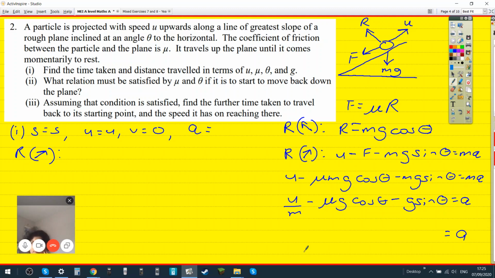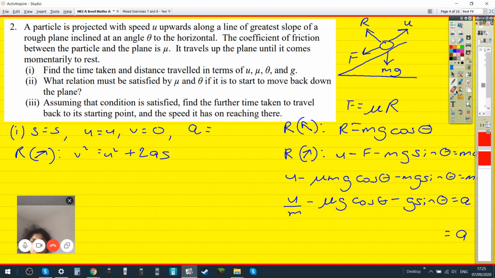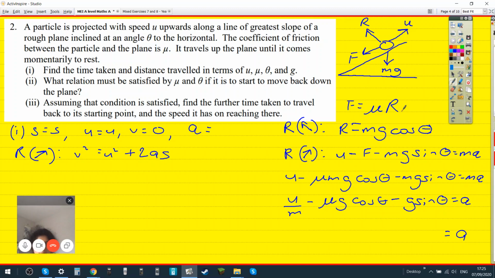You could do v squared equals u squared plus 2as to find s. So that's just 0 equals u squared plus 2 times that a and s.